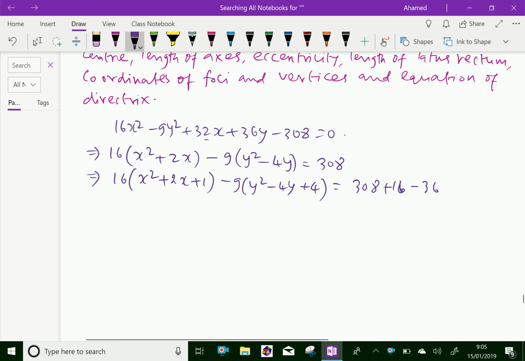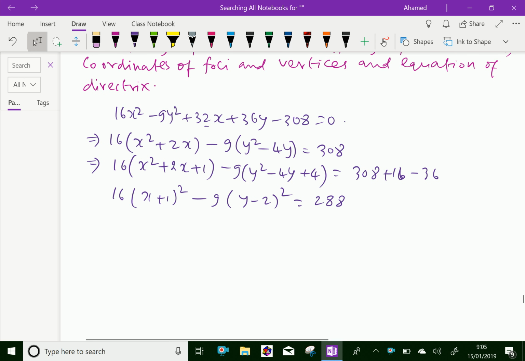So we can write this further as 16 into, because x square plus 2x plus 1 is x plus 1 whole square, minus 9, y square minus 4y plus 4 is y minus 2 the square, equal 308 plus 16 minus 36, which is 288.